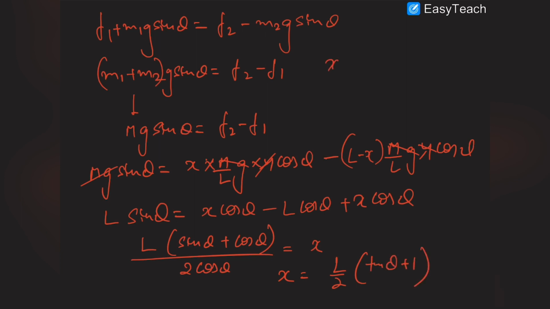So x will be equal to L by 2, tan theta is 3 by 4, plus 1. So x will be equal to 7L by 8. This is the position of the point from the bottom that would not move when the rod expands.